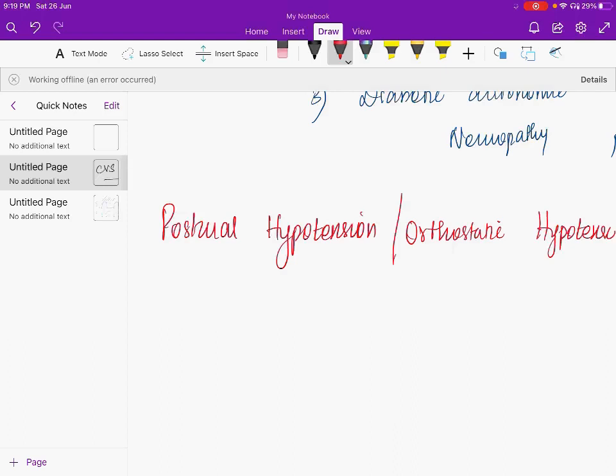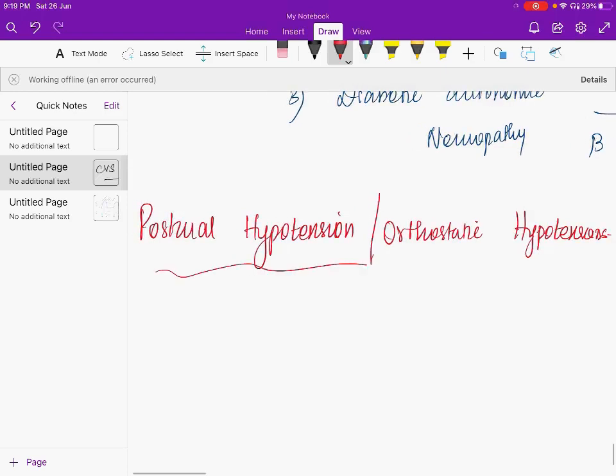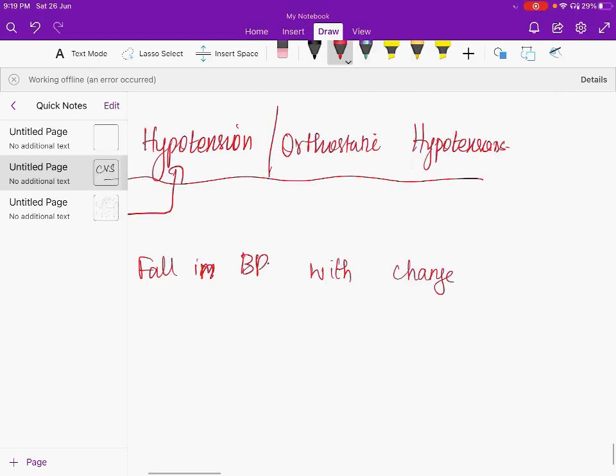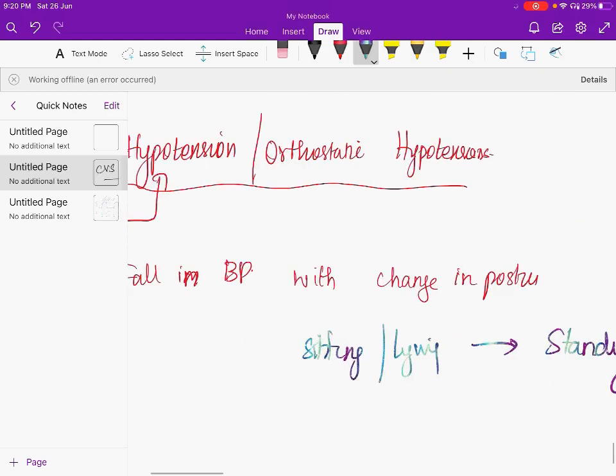That is a fall in BP with change in posture. What posture? From sitting or lying to standing posture.